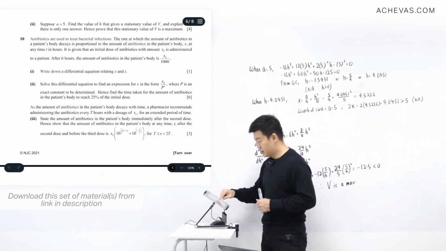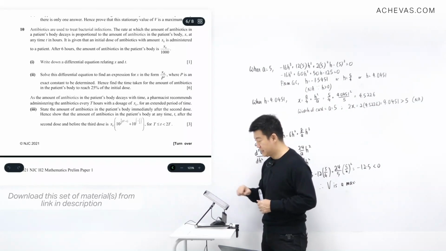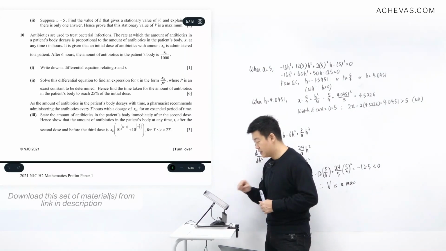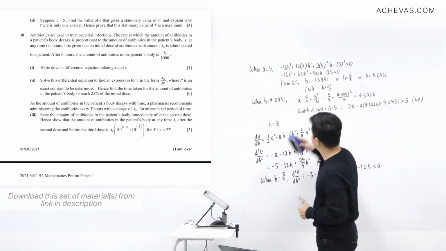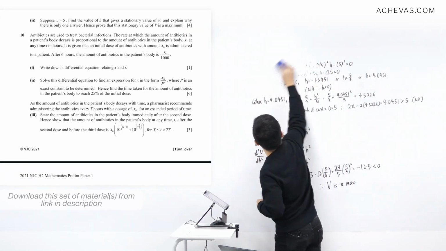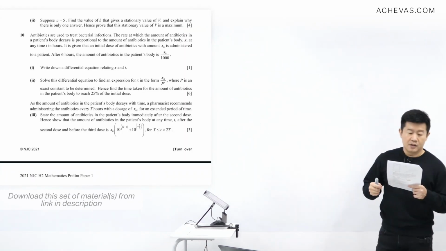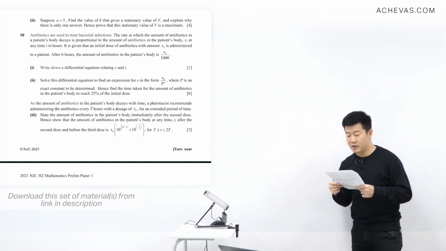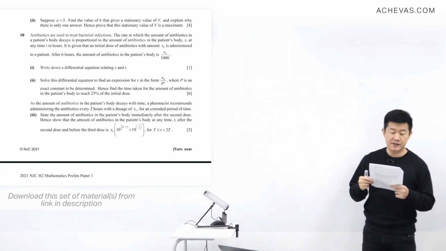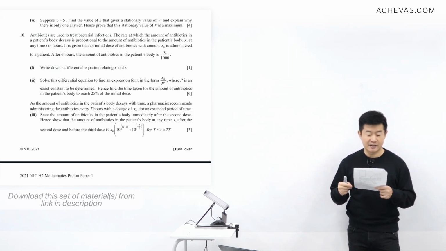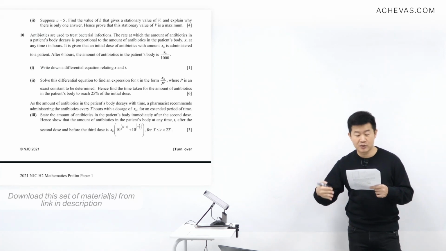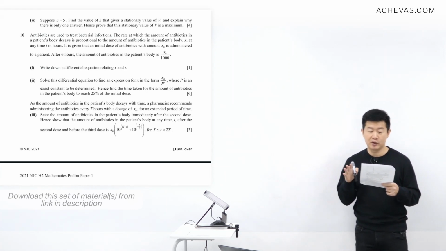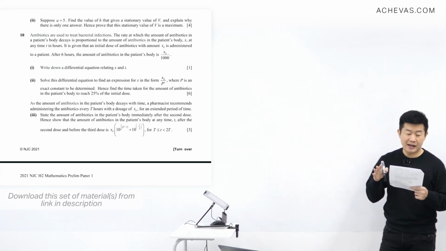The next question is here. Question number 10. It is a differential equation question. So antibiotics are going to be used to treat bacterial infections. The rate at which the amount of antibiotics in a patient's body decays is proportional to the amount of antibiotics that is in a patient's body, and this is x at any time t.